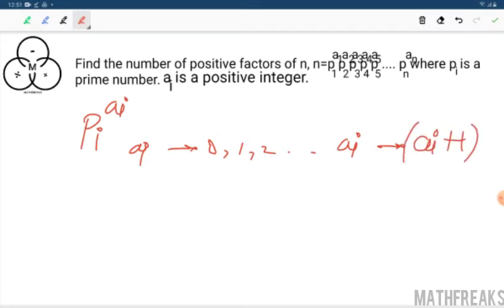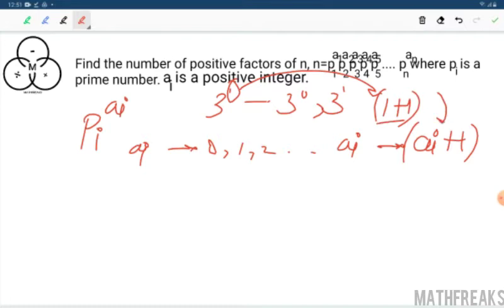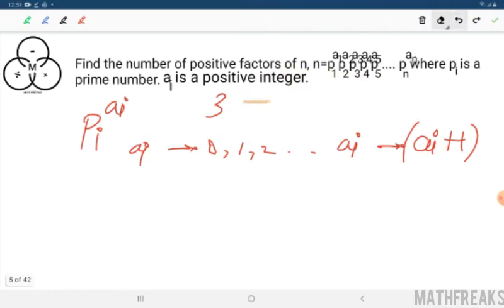Is it clear? Because for the case of 3 to the power 1, we have seen it can take 0, 1. And this 1, if you think, 1 plus 1, same thing.